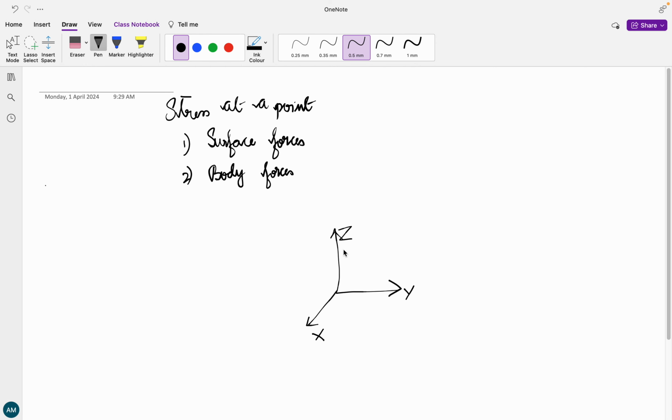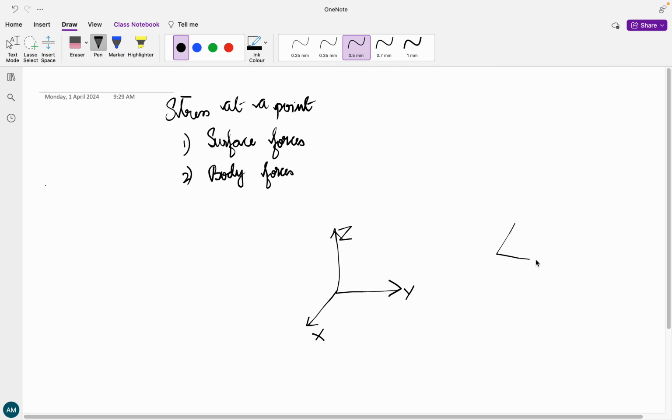We have the coordinate axes and then three mutually perpendicular planes. The planes are going to be perpendicular to the coordinate directions, obviously 90 degrees, and then the stress at a point on any plane section through the point is defined as force per unit area transmitted through that section at a point. The general definition of stress is nothing but force per unit area.